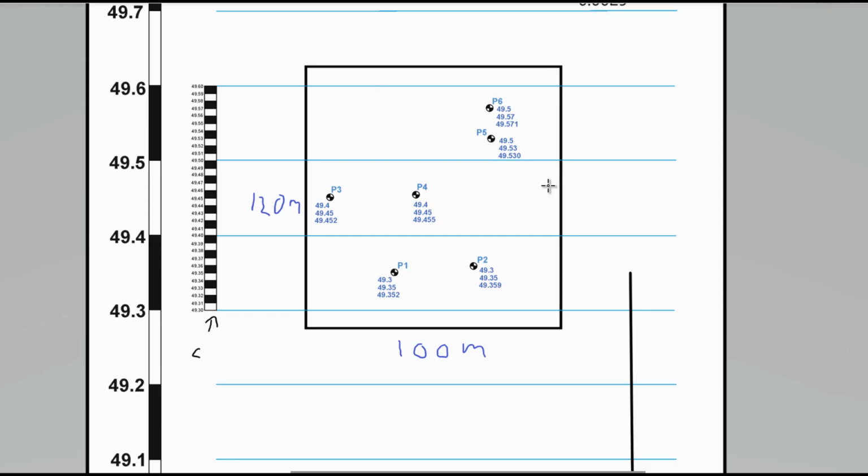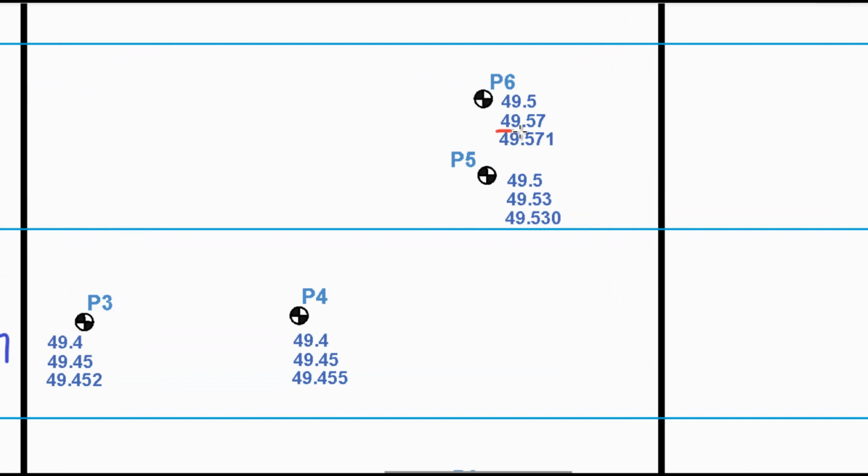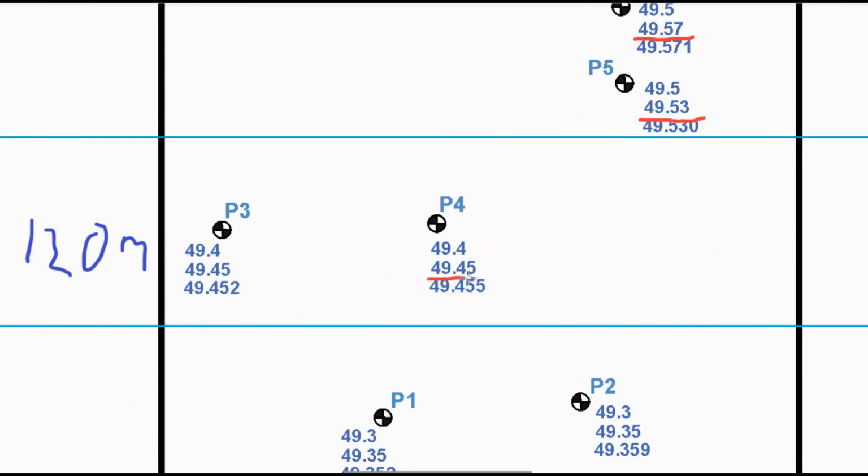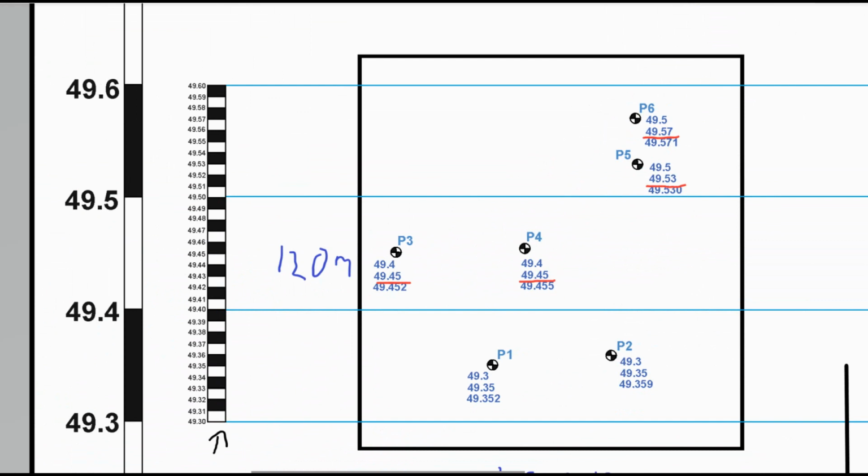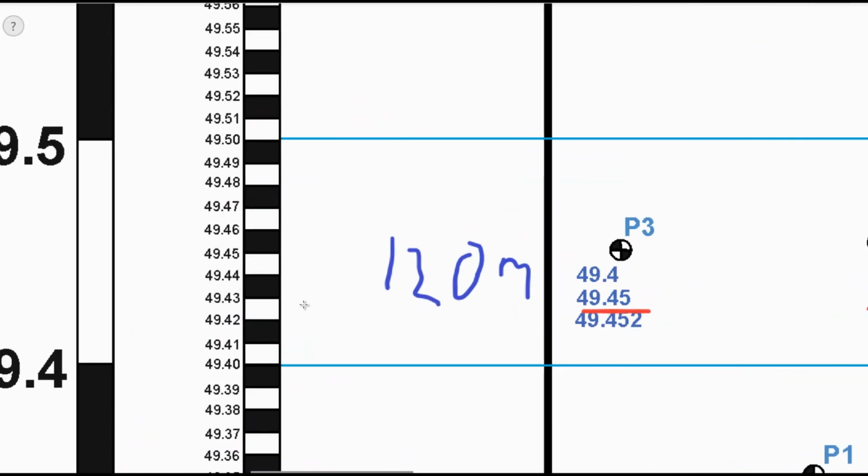For the centimetric precision, we have the second values: 49.57, 49.53, 49.45, 49.45. The point here for these two, they have the same value because they are in the same range.